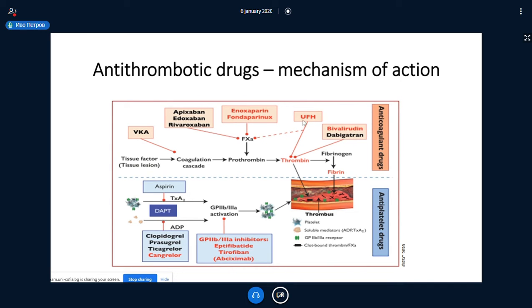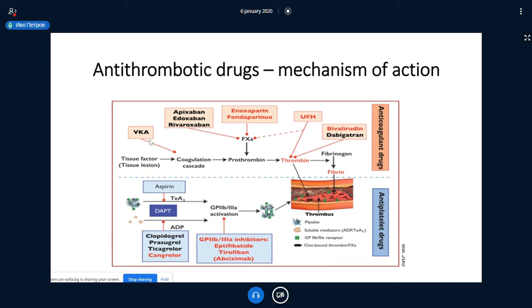like the unfractioned heparin, or indirect anticoagulants like fondaparinux and enoxaparin, and also vitamin K antagonists that are in fact one of the most used anticoagulants in medicine nowadays.